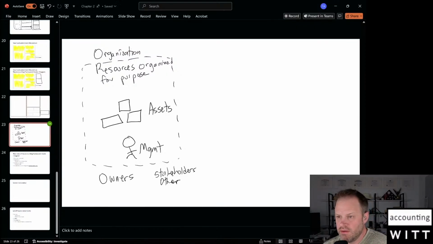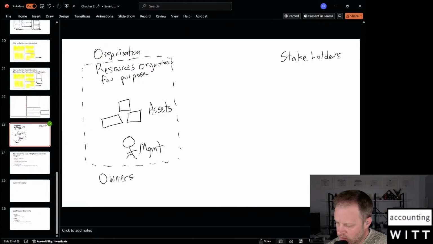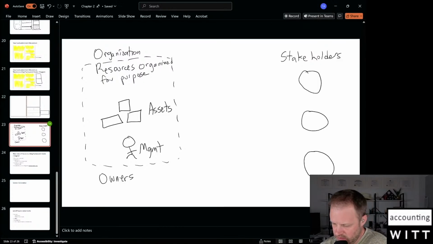So how do I want to organize this? So let's say organization with assets, and then you've got owners, management.